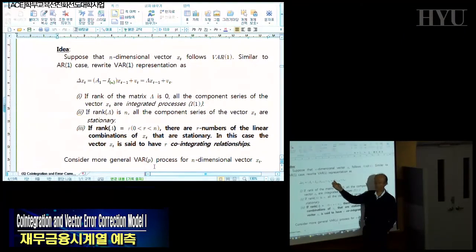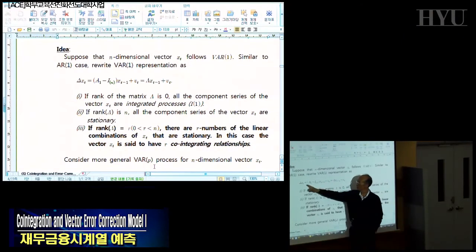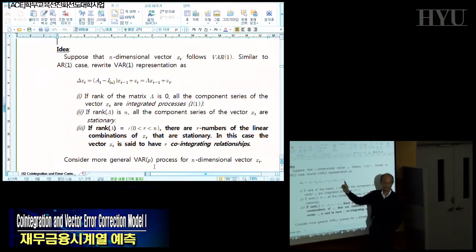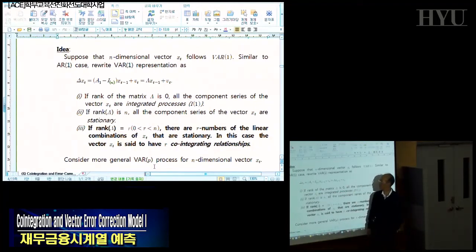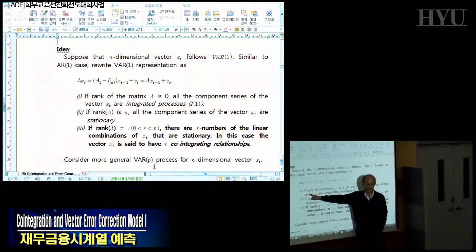If lambda is 0, that means xt equals xt minus 1 plus this, right? So that means an I1 process, a unit root process. Now this is vector. What is the equivalent term for saying this is 0? We look at the rank of the matrix.